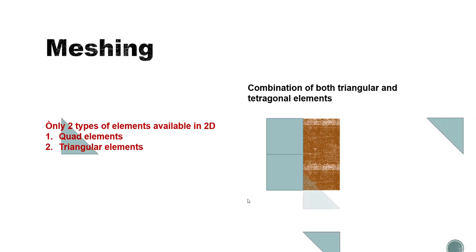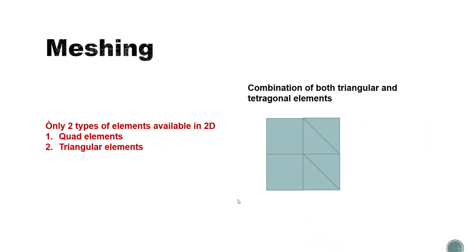Or we can use a combination of both the quad elements and triangular elements. So it depends on the complexity of the geometry. Sometimes it is not possible to approximate the geometry using only the quad elements, so for that, we may need to switch to the triangular elements and vice versa.